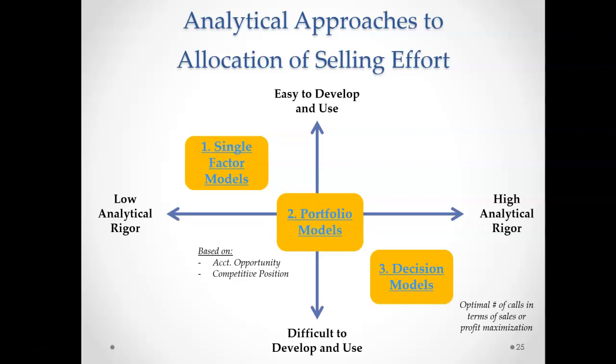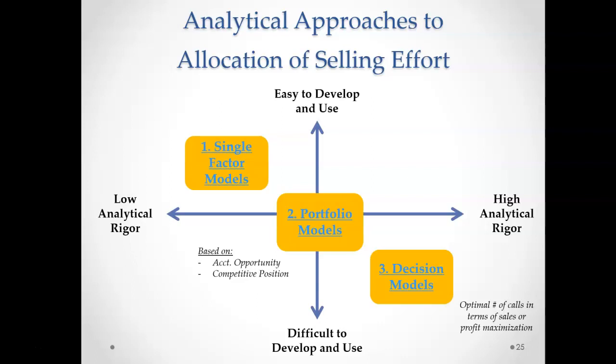Lastly, the decision model. This is really going to be the best option if possible. It takes into account the optimal number of calls considering sales or profit maximization. That's important because you're looking at not just how many people we should call on, but which accounts and which account opportunity to maximize my profits or my sales.